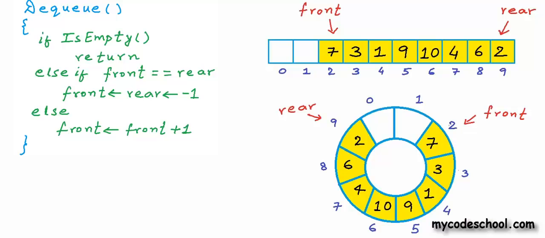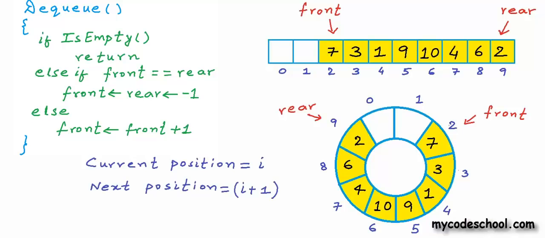Remember, this is only a logical way of looking at the array. In the circular interpretation of an array, if my current position is I, then the next position will not simply be I plus 1. It will be (I plus 1) modulo the number of elements in the array, or the size of the array. Let's say n is the number of elements in the array. Then the next position will be (I plus 1) modulo n.